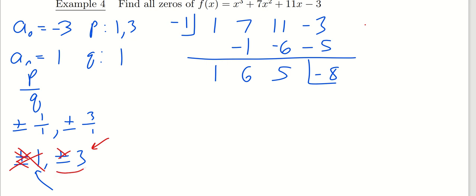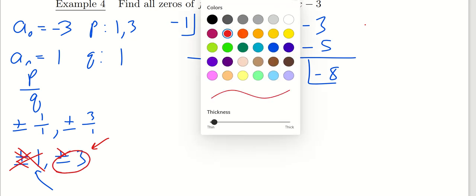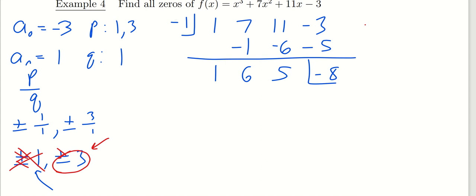There's just one more candidate left. So if this polynomial is going to have a rational 0, it's going to have to be negative 3. That's the only other possibility that we haven't checked yet. Let's go ahead and investigate that one. So is negative 3 a 0? 1 comes down.